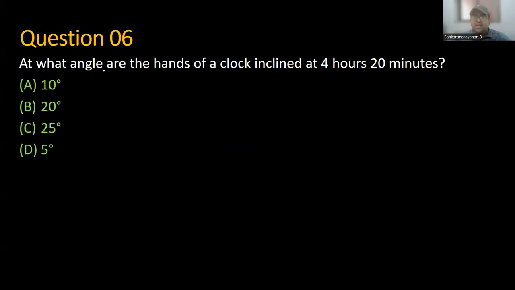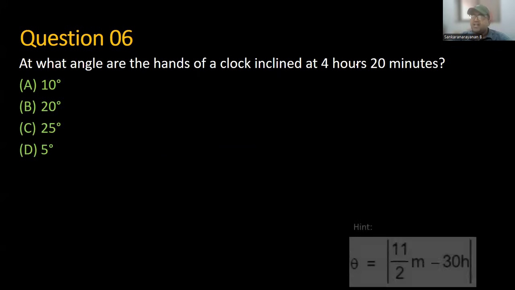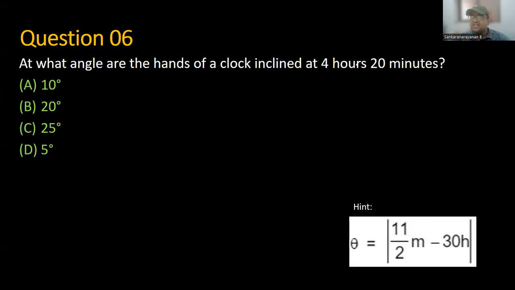Now, let's consider the next question. At what angle are the hands of a clock inclined at 4 hours 20 minutes? You are asked to find the angle between the hands of the clock at the time given. So recollect the formula that you have to use here: theta is equal to mod of 11/2 m minus 30h, where m corresponds to the minutes and h corresponds to the hour.